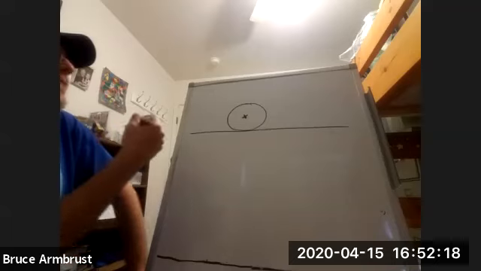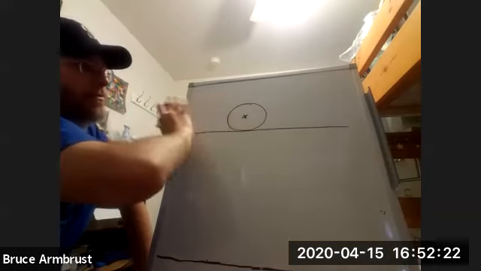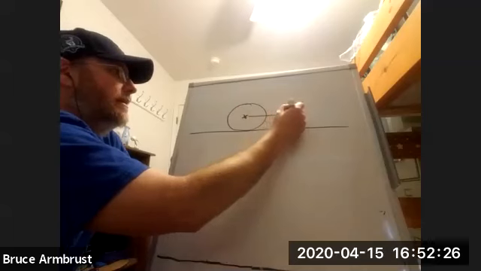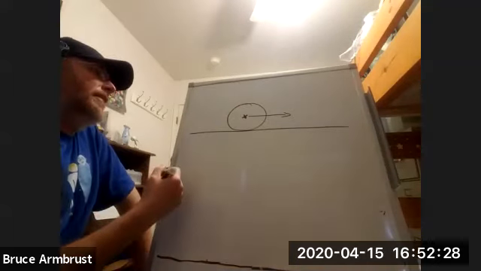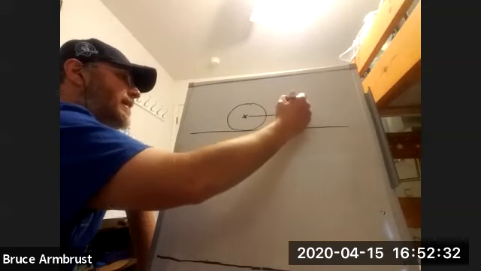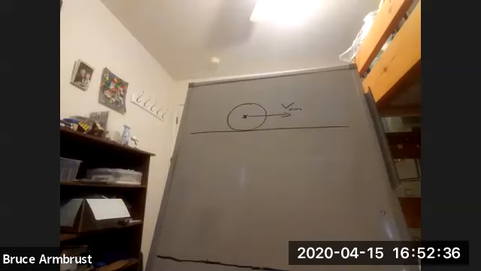So let's think about what's going to happen as this rolls. This entire wheel is going to be moving to the right, in this direction. I'm going to say that it's got a velocity of v, and I'm going to put a little cm below it, meaning to show that it's the velocity of the center of mass.